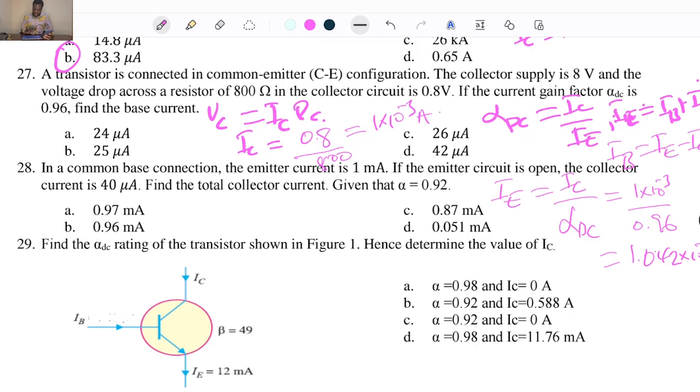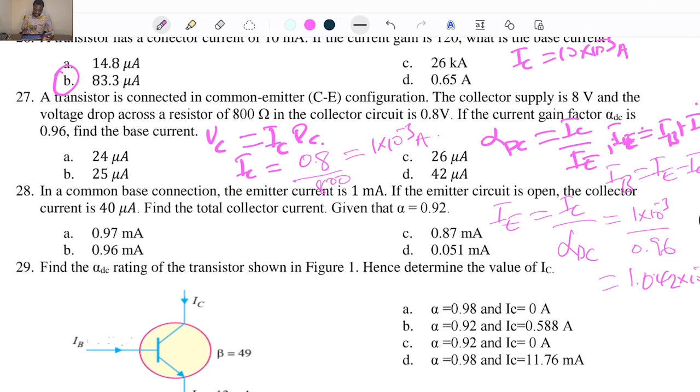Now that we have this, just do the subtraction, right? So I can now take this one minus 1 milli, meaning 1 times 10 raised to power minus 3.